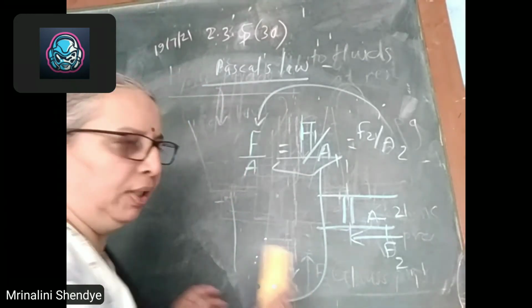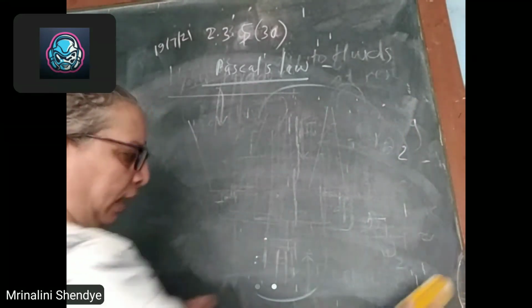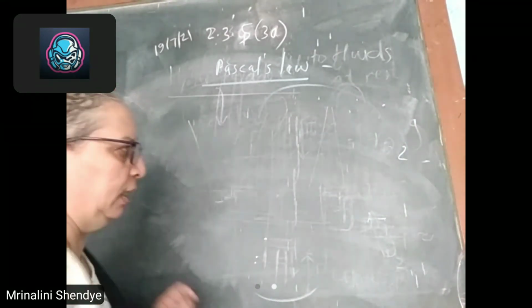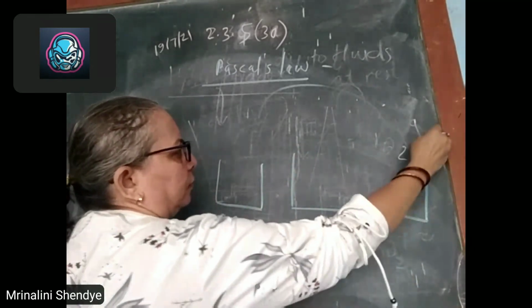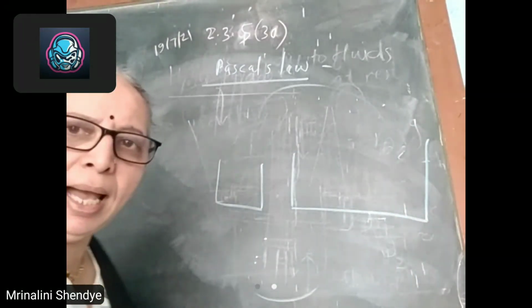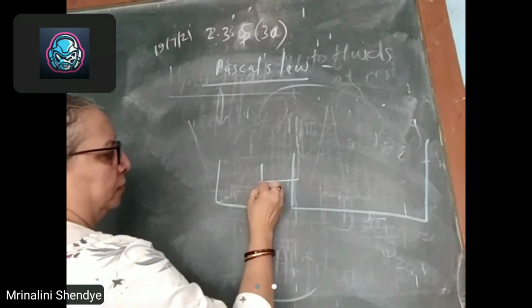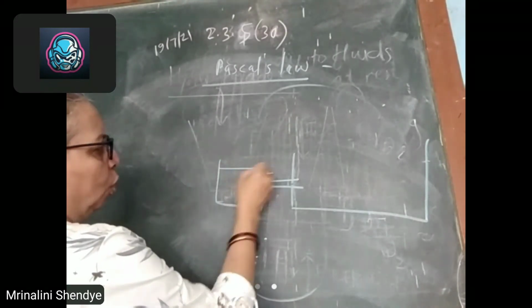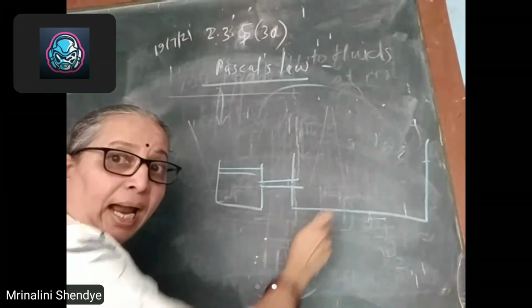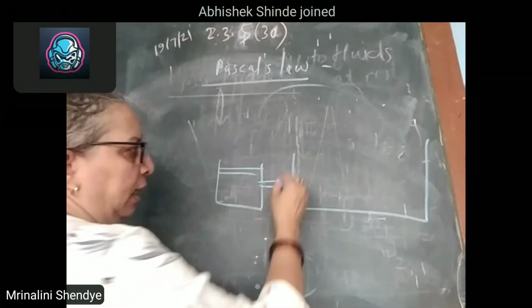hydraulic lift. Lift यानी कि क्या है, उसमें क्या होते हैं, there are two cylinders. दो cylinders रहते हैं. They are interconnected. Each cylinder carries a piston. दोनों cylinders के क्रॉस सेक्शन एरिया अलग अलग हैं.